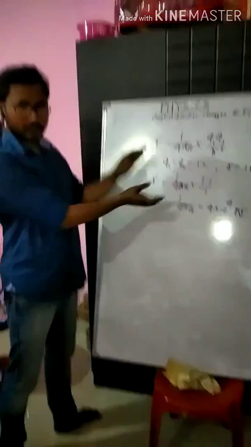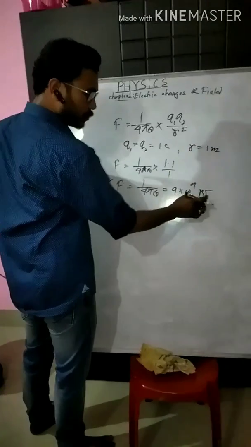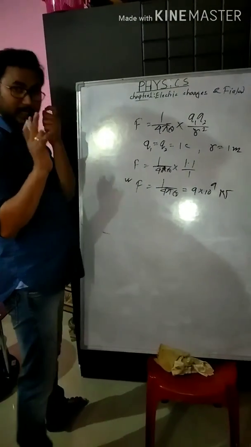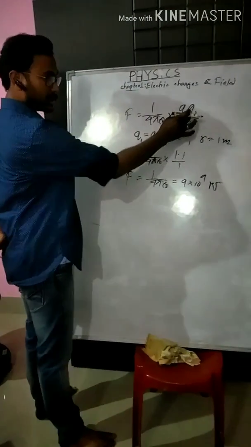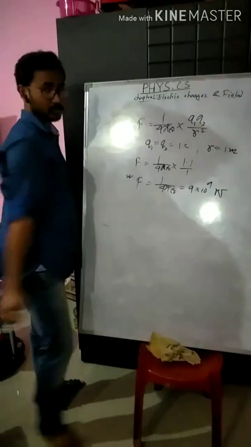Now let's sum up the whole thing. The force is 9 into 10 to the power 9 Newton when the charges are equal, each 1 Coulomb, and the distance between them is 1 meter.